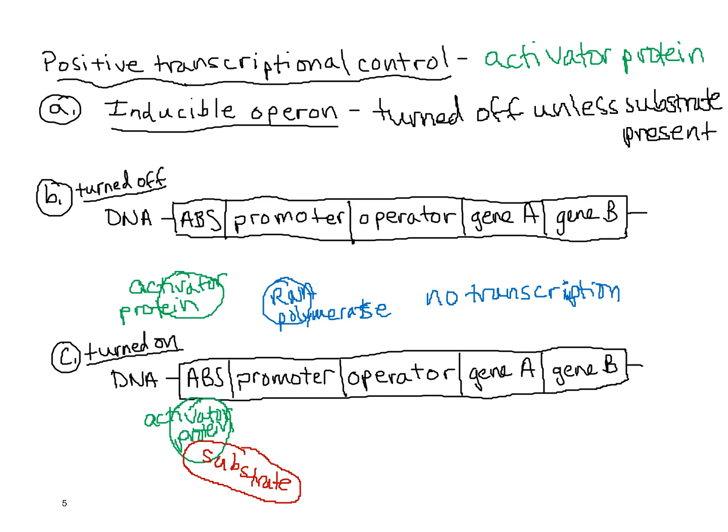And now that the activator protein is bound to the activator binding site, RNA polymerase can bind to the promoter, and now it can go ahead and transcribe the DNA. And now we've turned on our operon. So that's how we would turn it on.